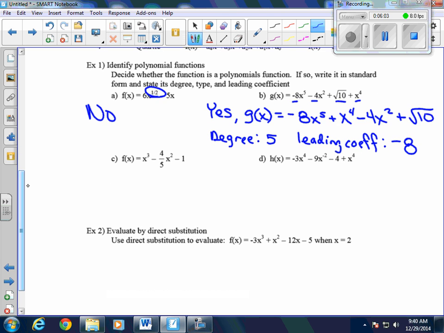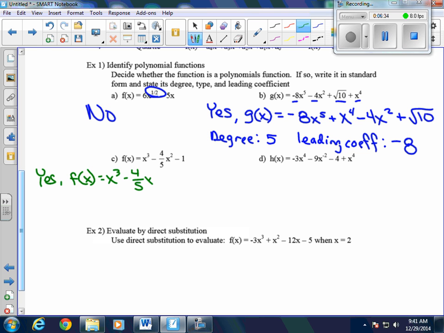So down to example C, we want to check this one. Is this a polynomial function? Exponents, good. They're both whole numbers. The leading coefficients are 1, negative 4/5, negative 1. Are they real numbers? Absolutely. So this one also is yes. It is. And let's write it in standard form. Well, it just so happens that this one's already in standard form.